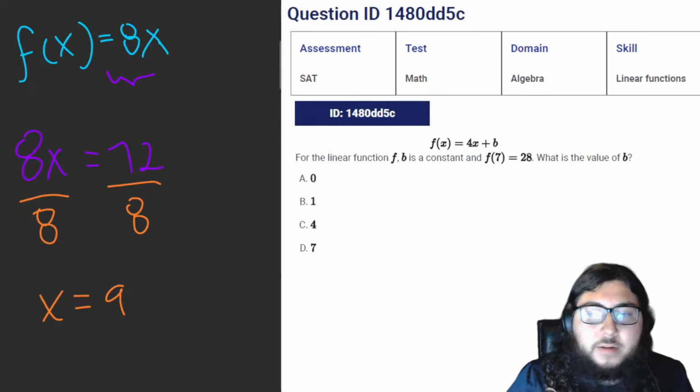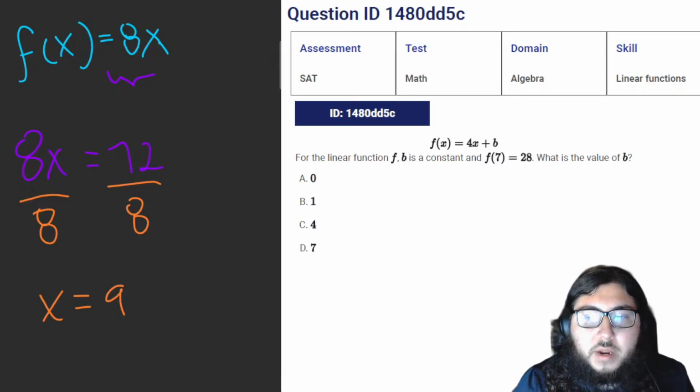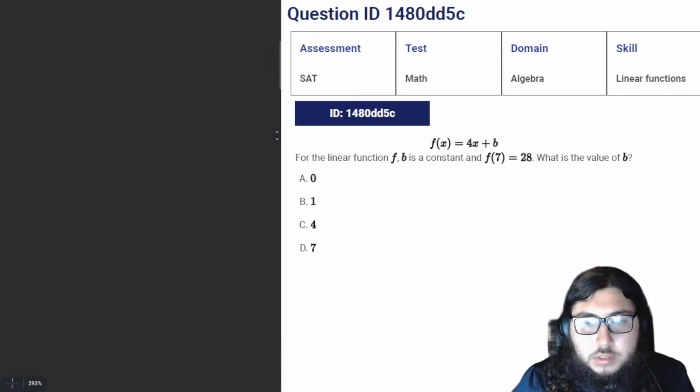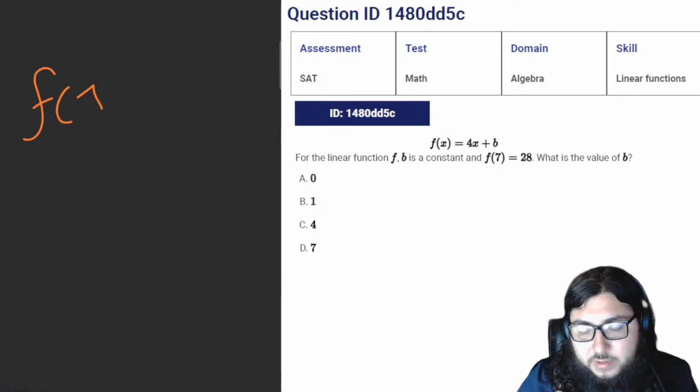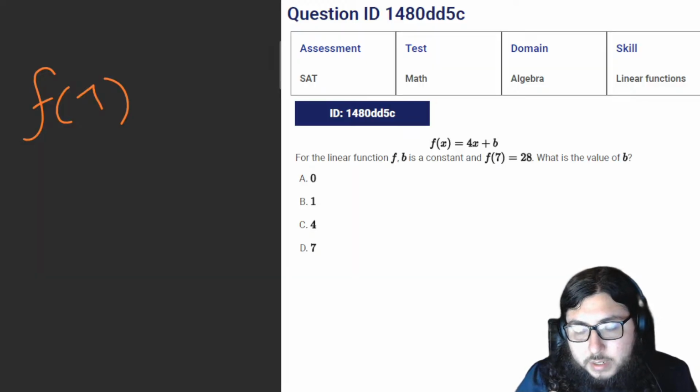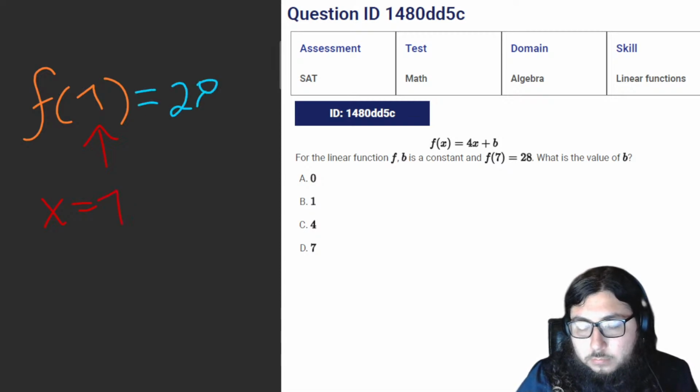For the linear function f, b is a constant and f of 7 equals 28. What is the value of b? Similarly, the notation f of 7 indicates that the value of f when x equals 7 is 28.